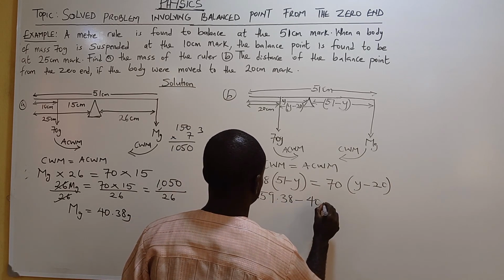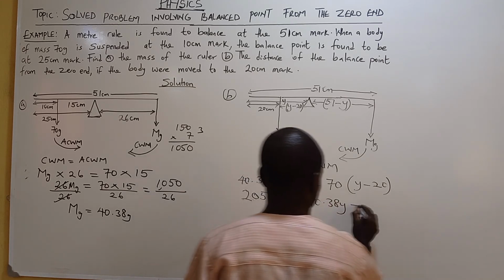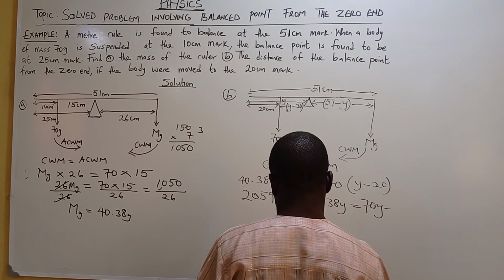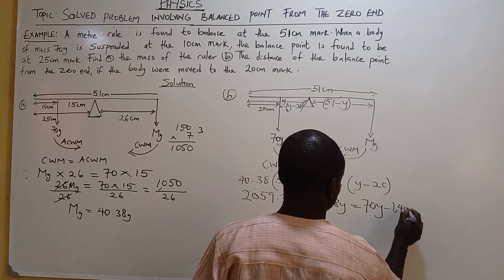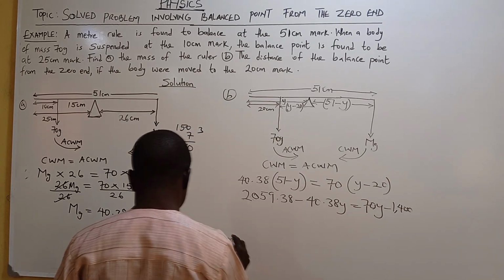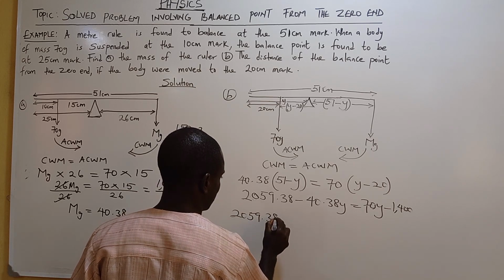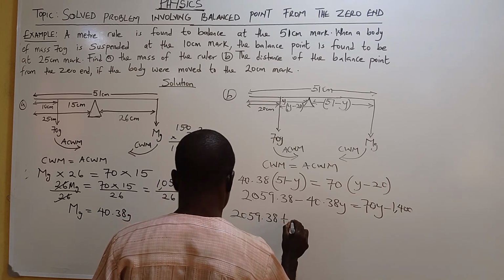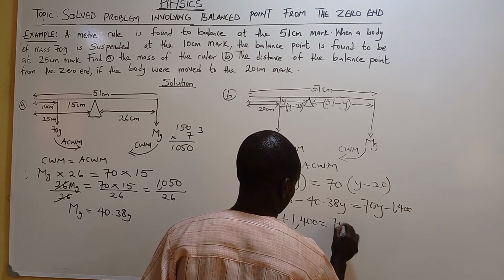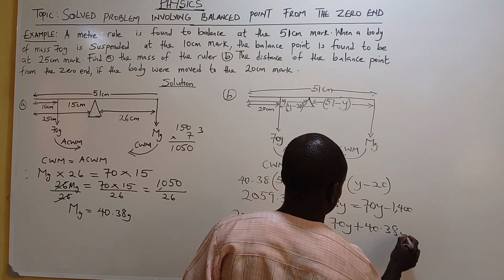minus 40.38y equals 70y minus 1400. When you collect the like terms, you have 2059.38 plus 1400 equals 70y plus 40.38y.